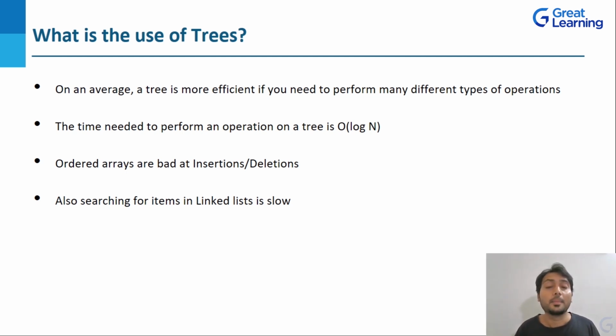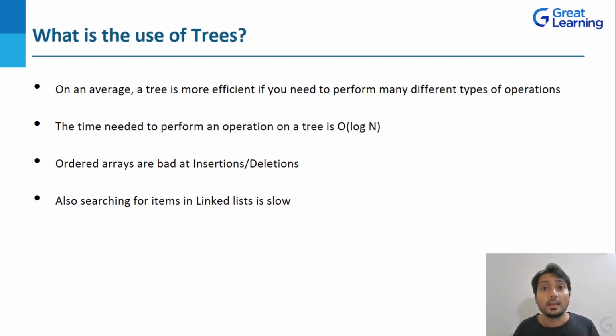Now, as compared to other data structures, which are linear data structures, say for example, an array or a linked list, where we are trying to store the values in continuous locations, one after the other, a linear data structure has its disadvantages when we are trying to perform operations such as insertions or deletions, right? Now the tree comes to our rescue whenever we are facing such a problem.